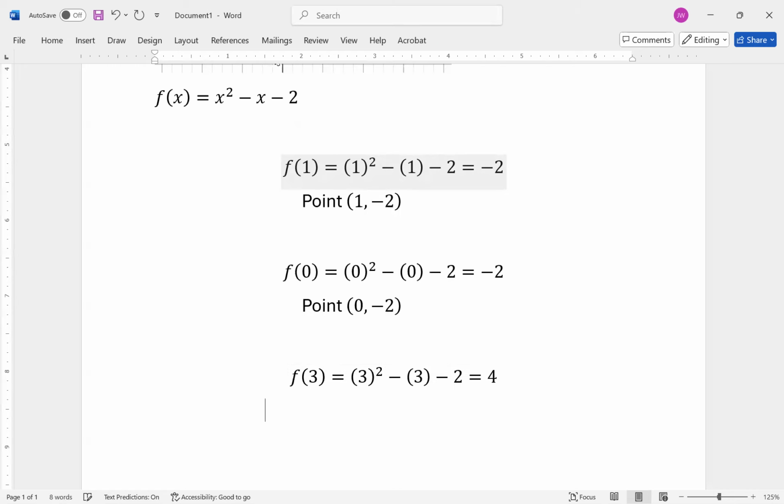So we know that the graph goes through the point 3, 4 as well. And you could imagine any x value you wanted, we could plug in. So that's how we did that in a previous video, by plugging x values into the function, getting out the corresponding y values.